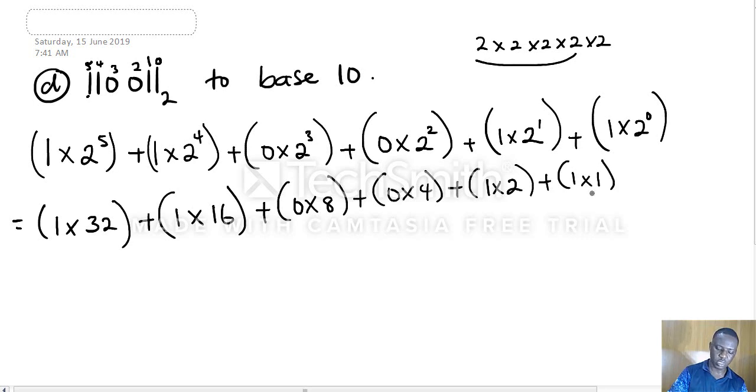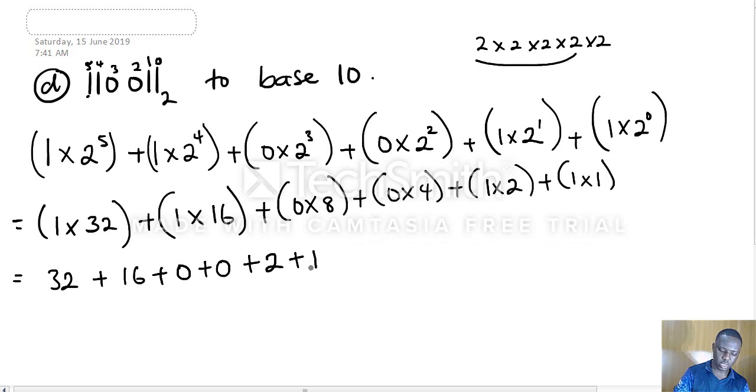Then you multiply out, this becomes 32 plus 16 plus 0 times 8 is 0 plus 0 times 4 is 0 plus 1 times 2 is 2 plus 1 times 1 is 1.